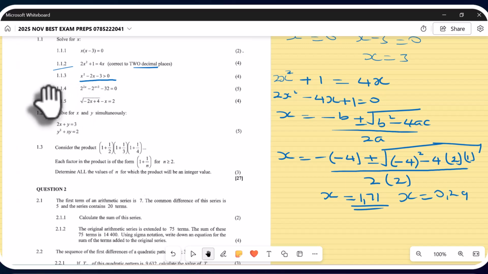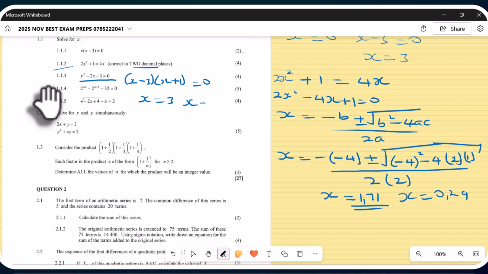We're going to factorize here. You can say it is going to be x minus 3, okay, into x plus 1, right? x minus 3 equals 0 gives us x equals 3. These are critical values, ne? And then x plus 1 equals 0 gives x equals negative 1. These are critical values here.